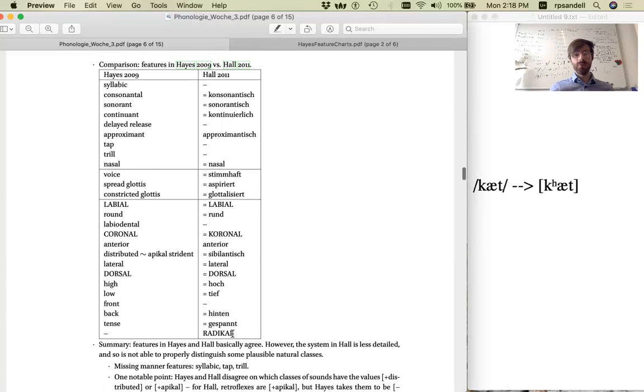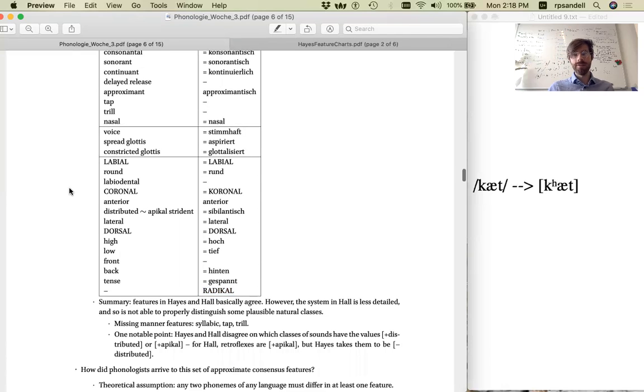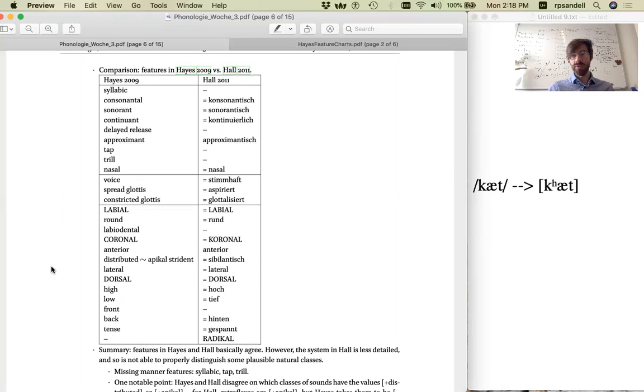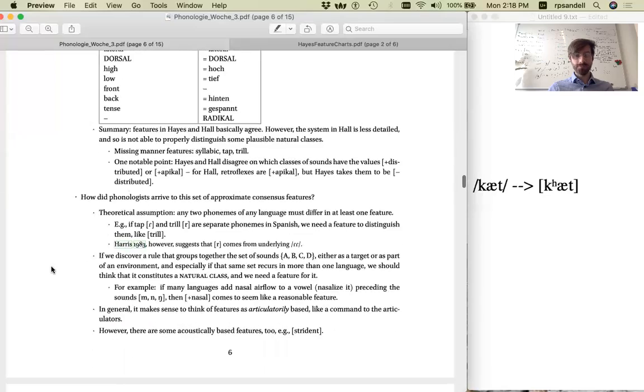Though Hall uses one feature, radical, to refer to consonants like pharyngeals, which are articulated with the tongue in a very deep low back position. So he adds another major place of articulation next to labial, coronal, and dorsal. But by and large, you can see that these feature systems mostly agree with one another.